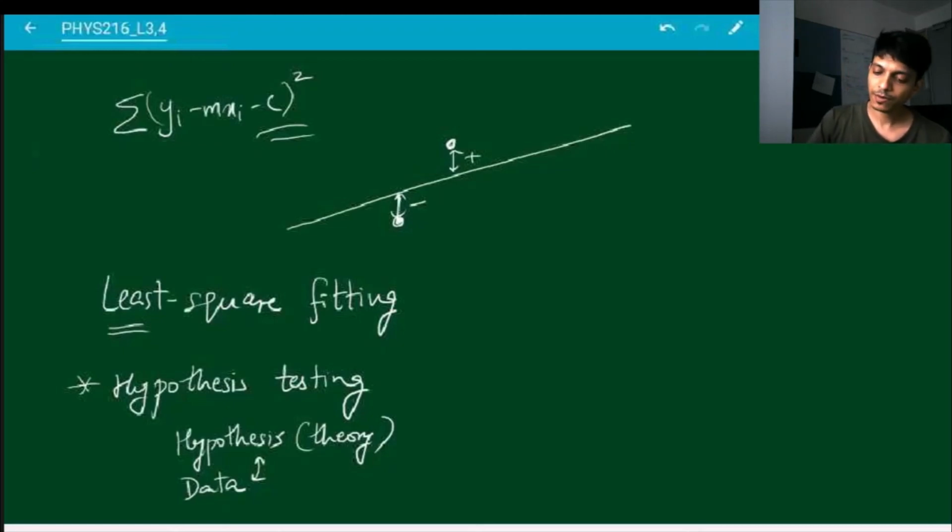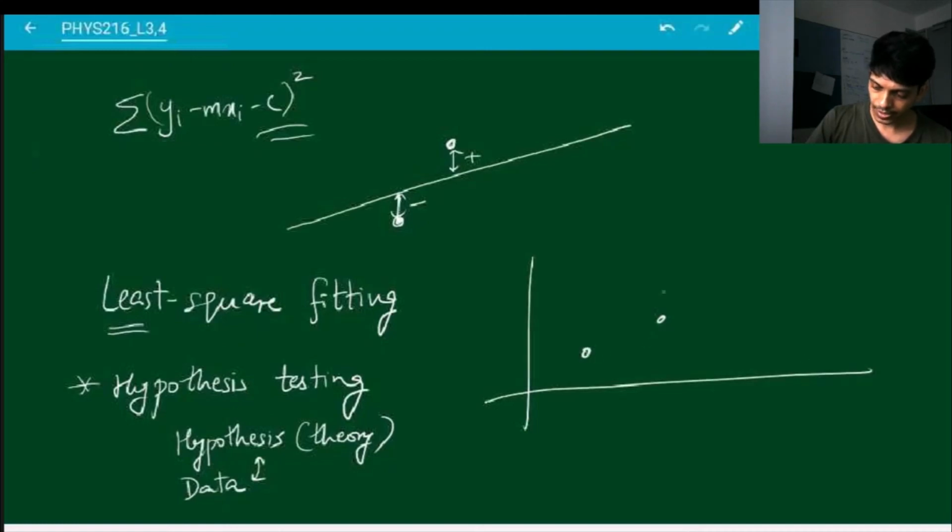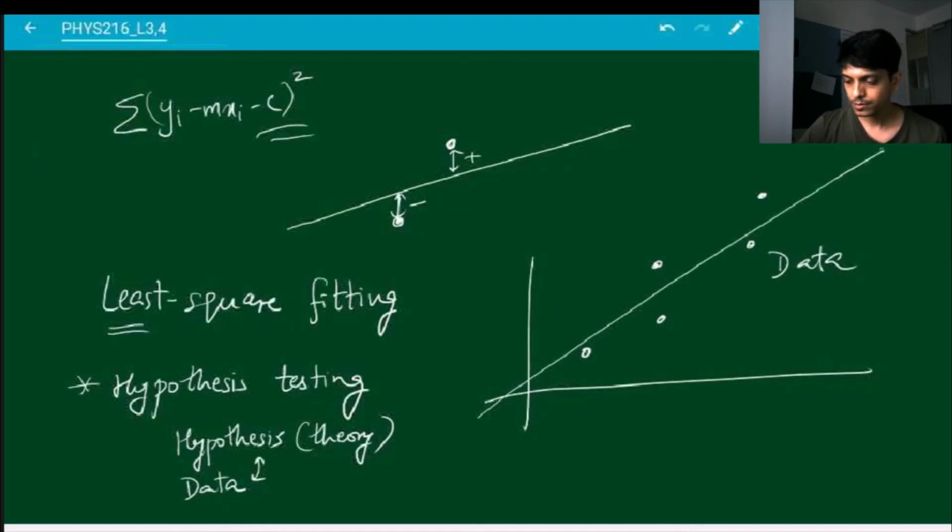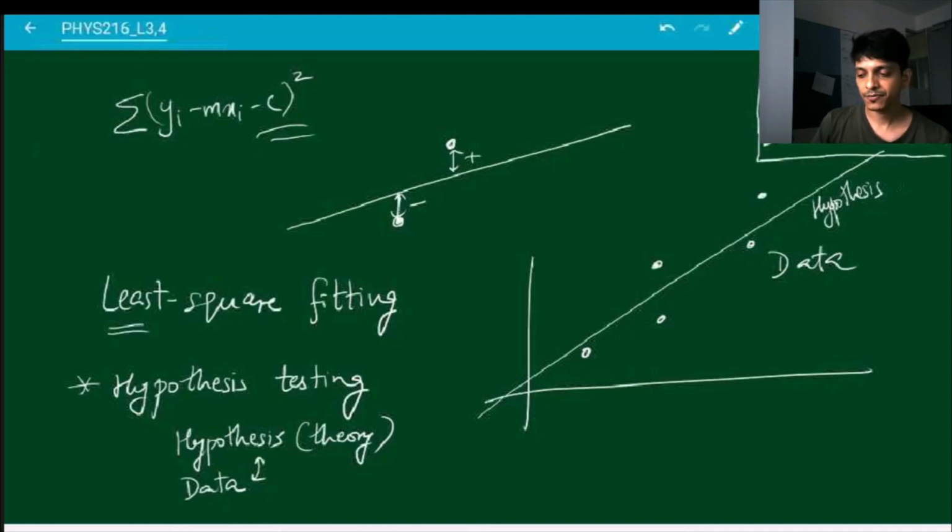This is exactly what we've done in this least square fitting. These points that you had are your data. And the line that you drew is your hypothesis. And you're asking the question: does the hypothesis fit with the data? In doing that, you are calculating a value of chi-square, and you're minimizing the chi-square.